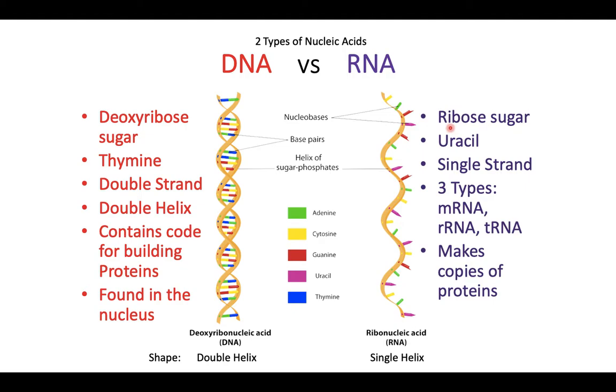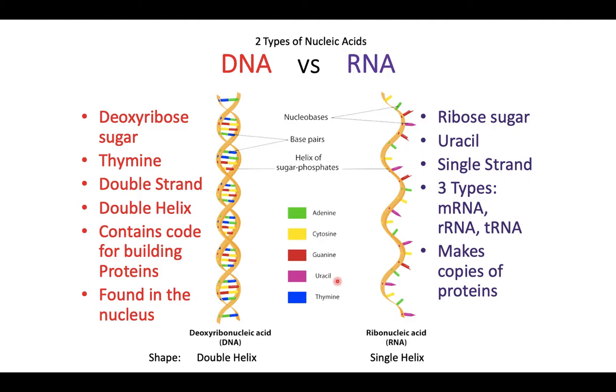Both DNA and RNA have nitrogen bases, but the types of nitrogen bases that they have vary. So the 4 nitrogen bases found in DNA are adenine, cytosine, guanine, and thymine. And the 4 nitrogen bases found in RNA are adenine, cytosine, guanine, and uracil.